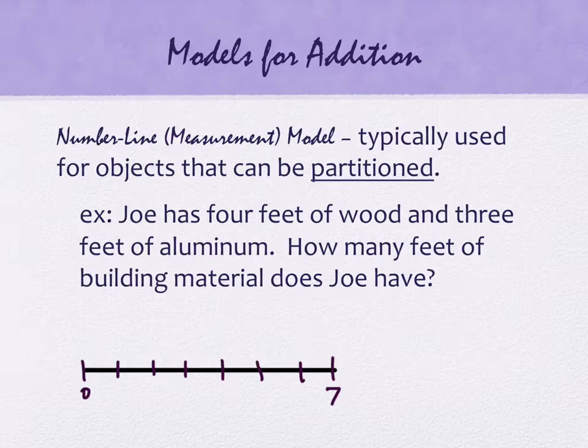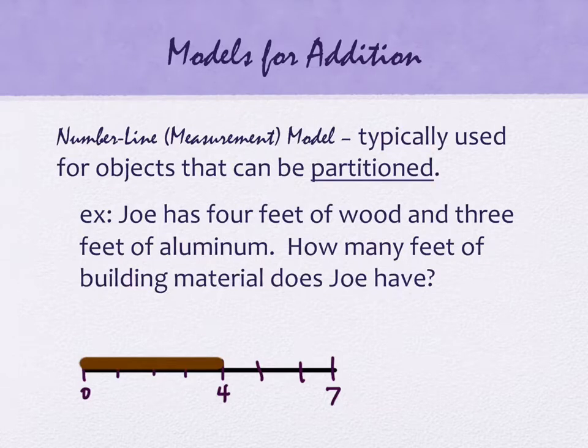This is just for the purposes of drawing it to scale. It says he has 4 feet of wood. So if you imagine laying his pieces of wood out here, that's really too thick. Let me make it a little thinner. This is 4 feet of wood.